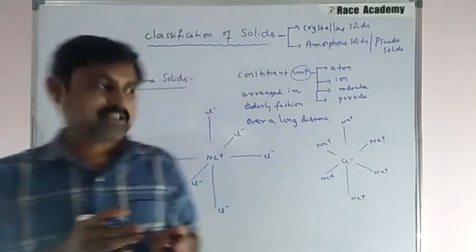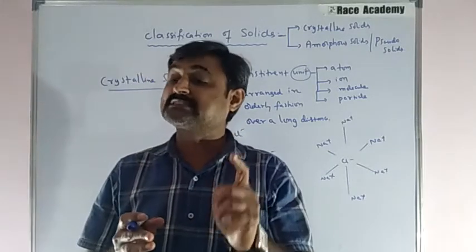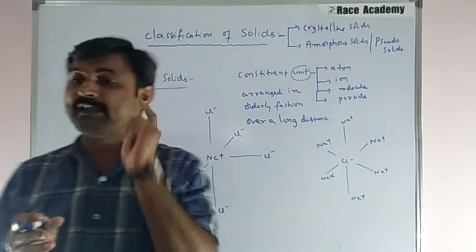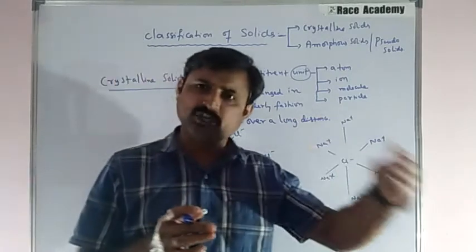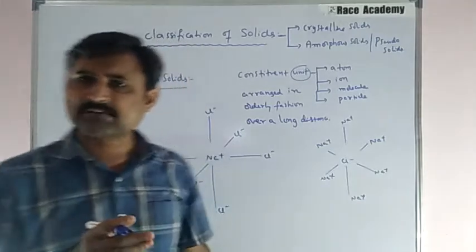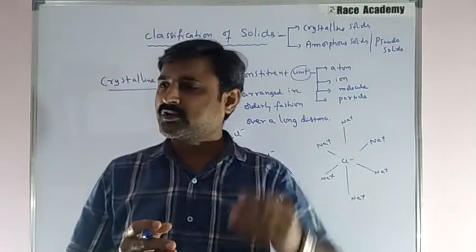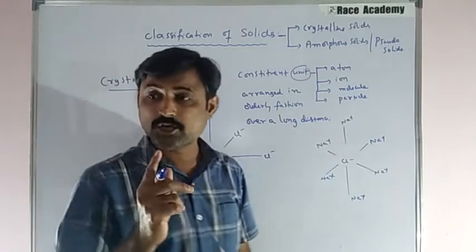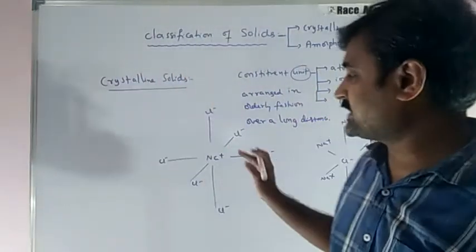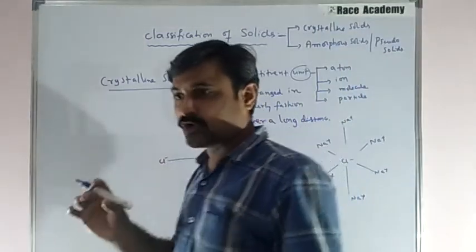That kind of arrangement is called a three-dimensional arrangement. A similar regular arrangement is observed in all the different kinds of crystalline solids like diamond, sugar, quartz, etc. So the constituent particles in NaCl are Na plus and Cl minus ions.